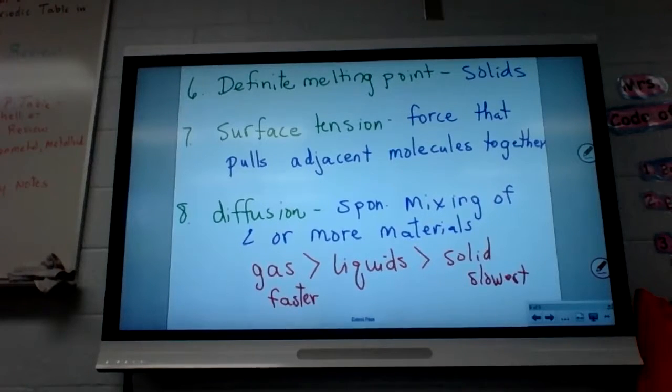If you took 2 metals and C-clamped them together, it might take several years, maybe 15, to get them to diffuse, but over time they would diffuse together. Whereas water and Kool-Aid or food dye will mix within a minute or 2. Gases will diffuse within seconds.